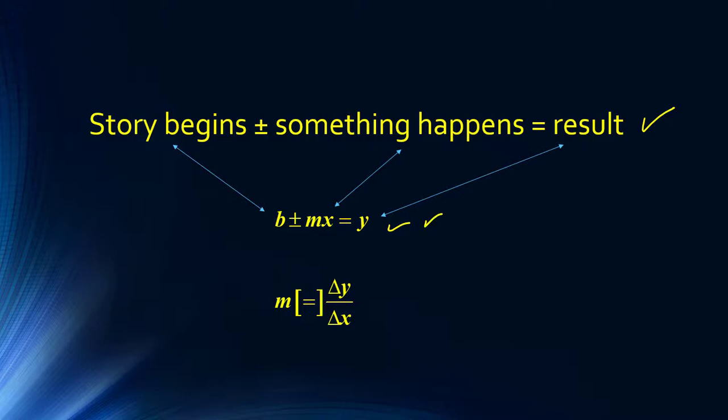In this equation, the letter M is always a ratio, and that ratio has the value of the change in Y in the numerator divided by the change in the input value, the X, in the denominator.